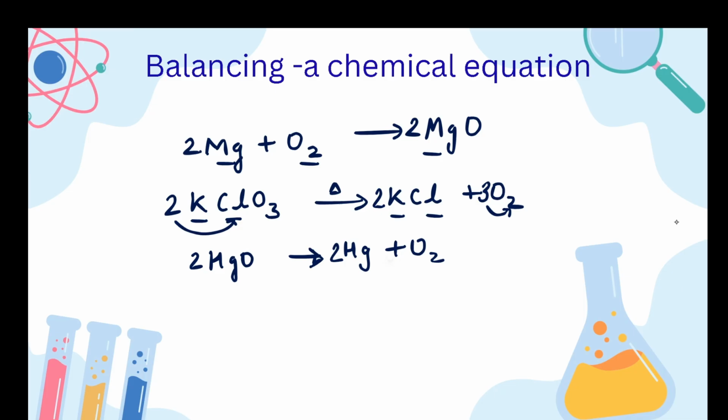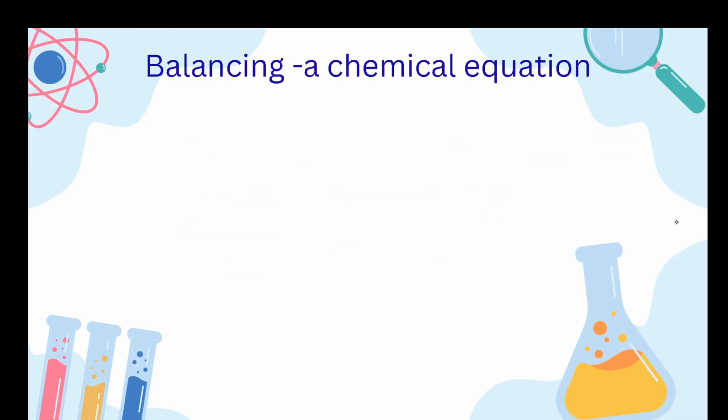You will never insert, like if I am talking about mercuric oxide, you will not write 2 after oxygen. That will be a wrong way of balancing, because you will be changing the chemical formula of mercuric oxide. So every time you have to add the value in front of the given chemical compound.